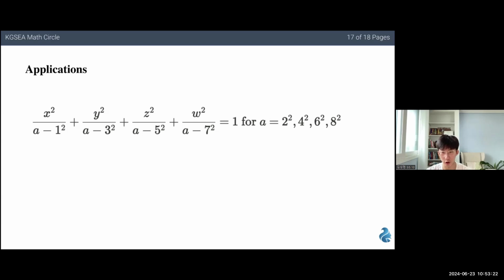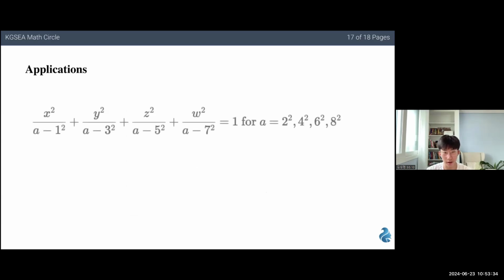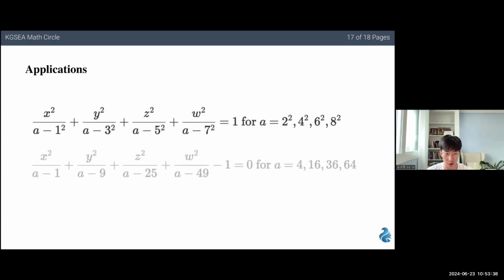And this is true for a equal to 2 squared, 4 squared, 6 squared, and 8 squared. So just taking the example of a equals 2 squared, you can see how it matches with the first equation that you see here. And just rewriting all the numbers, for instance substituting 3 squared with 9, you can get this equation here.